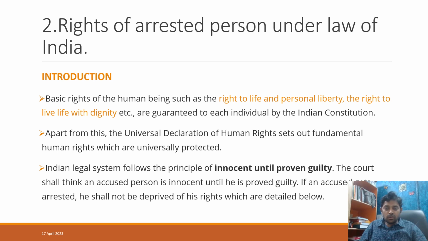Indian legal system follows the principle of innocent until proven guilty. The court shall think an accused person is innocent until he is proved guilty. If an accused gets arrested, he shall not be deprived of his rights, which are detailed below.